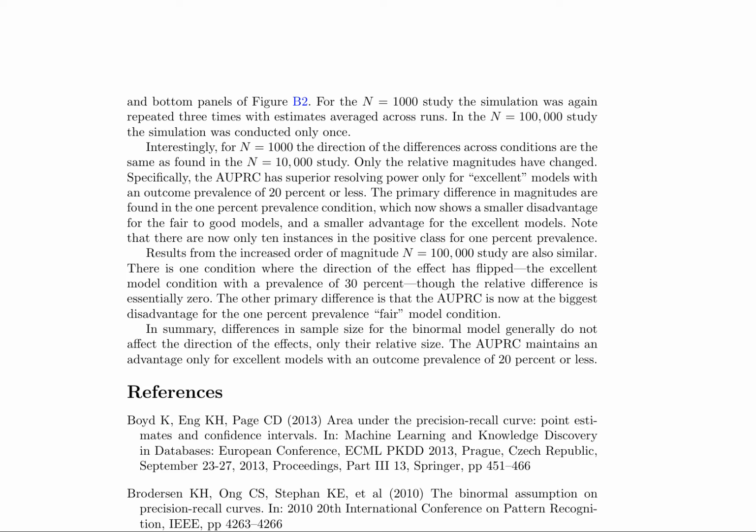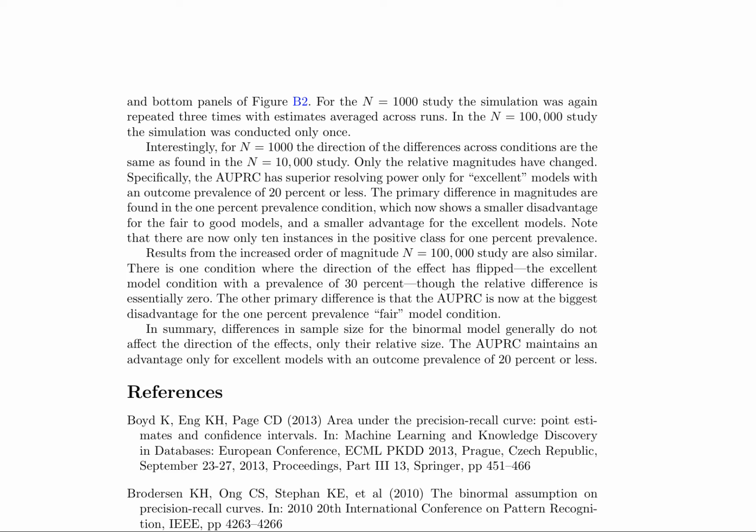The results for n equals 1000 showed that the direction of the differences across conditions remained consistent with the n equals 10,000 study, with the AUPRC demonstrating superior resolving power only for excellent models with an outcome prevalence of 20% or less. However, the relative magnitudes of the differences changed, particularly in the 1% prevalence condition, where the disadvantage for fair to good models decreased, and the advantage for excellent models also decreased.